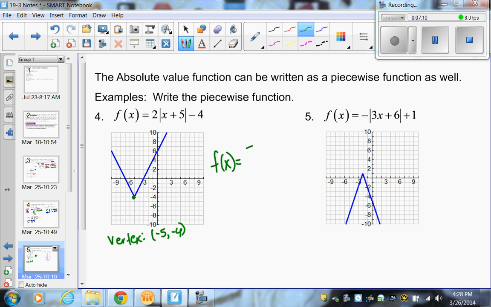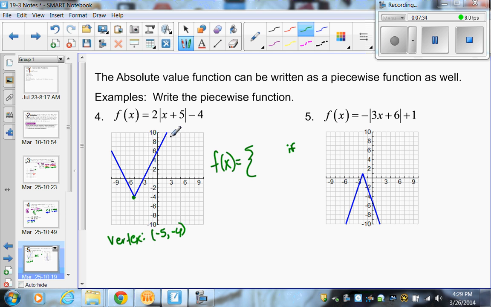Okay, I know that my piecewise function is going to take on the form of f of x equals a bracket. Then there's going to be a rule and the word if, and then our domain restriction. In this case, you're going to have two sides: when the x is greater than the x-coordinate of the vertex and when it's less than the x-coordinate of the vertex. And I always do the right side of the graph first.